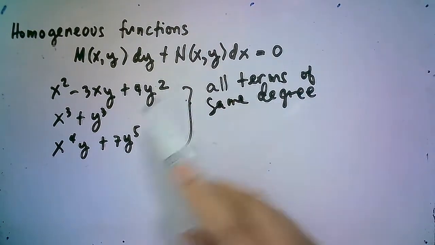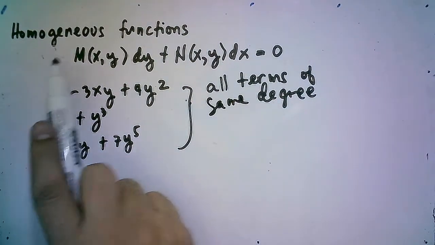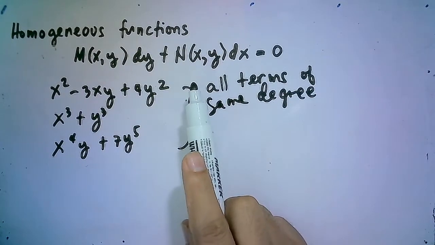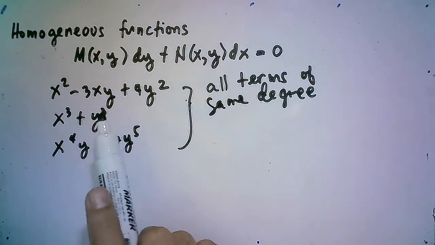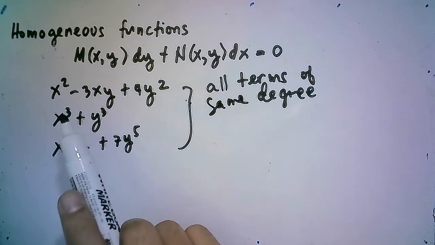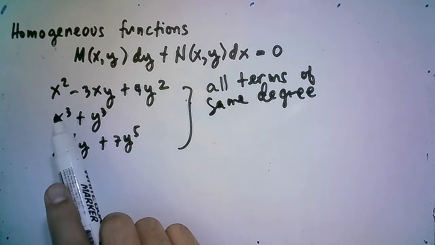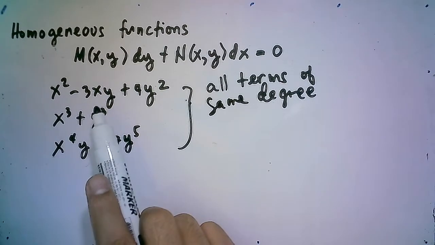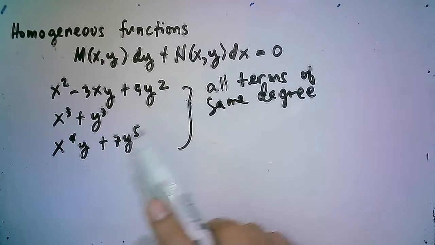So this is how we describe homogeneous functions. The terms of a polynomial have the same degree. So that is a homogeneous function.